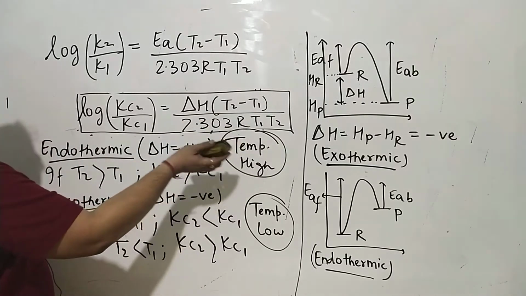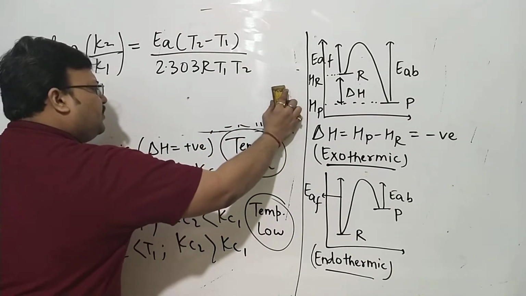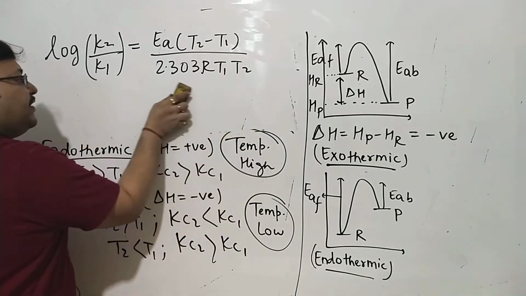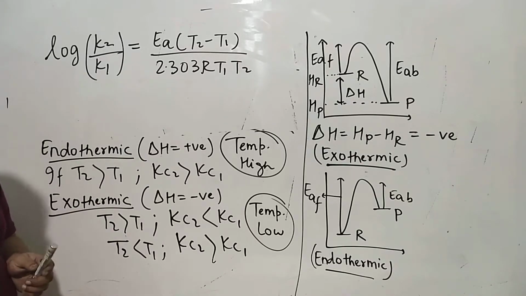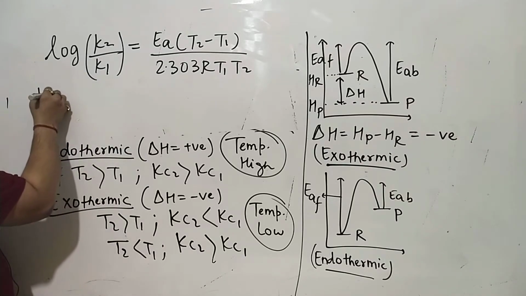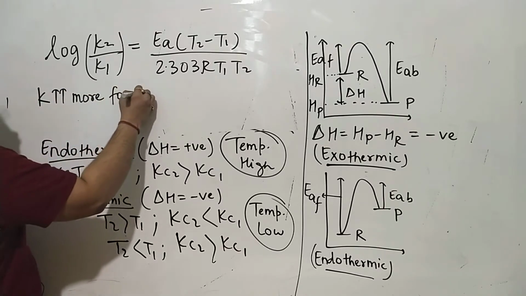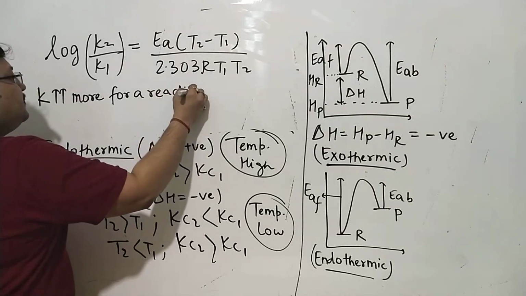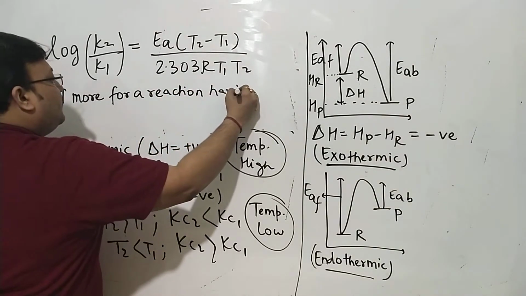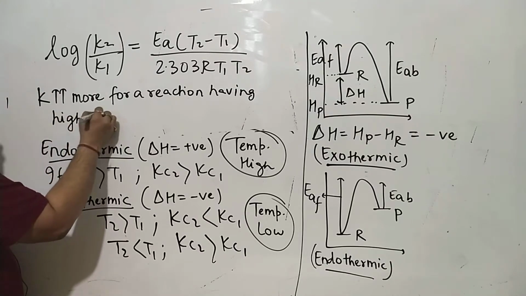I can write this equation again. I am using this space again because this is a very vital statement. K increases more for a reaction having higher activation energy.